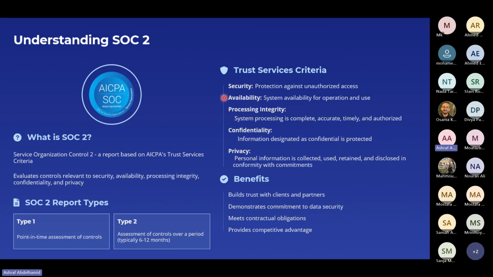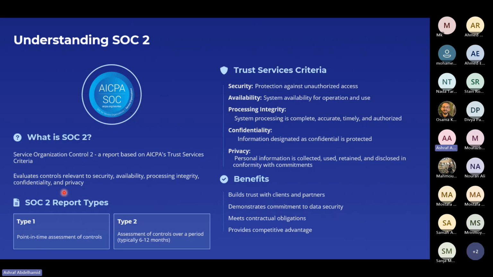The one that is mandatory is security, and then we have four optional. For example, an organization can focus on security as the mandatory criterion, and then on availability, processing integrity, confidentiality, or privacy. So it's not mandatory to have all five, only security is mandatory and the other four are optional. This will be mentioned in the report.